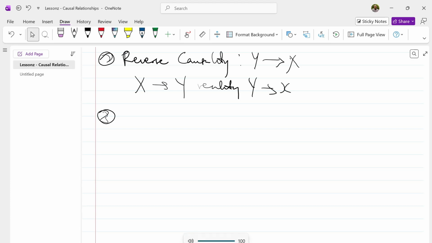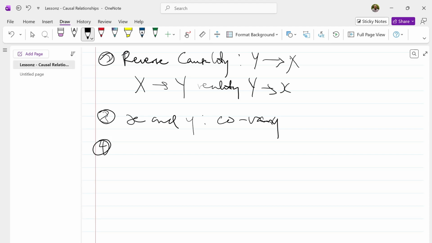But the third thing is simply, is there a relationship between X and Y in terms of covariation? Covariation is simply, do changes in X lead to changes in Y? Is there a meaningful relationship? That also ties into your theory, where based on your causal mechanisms, you expect there to be a relationship between X and Y.